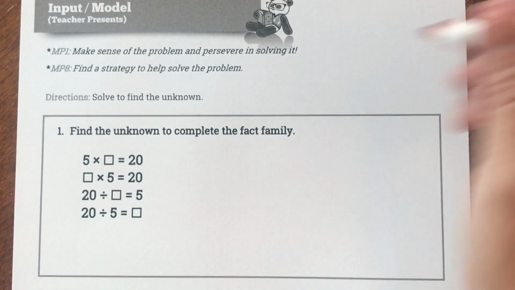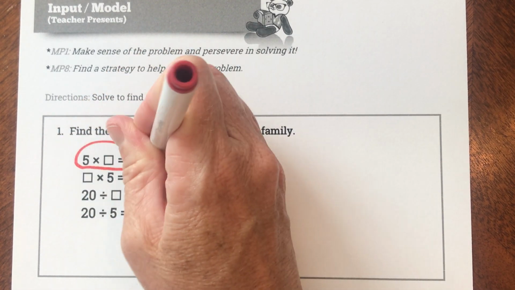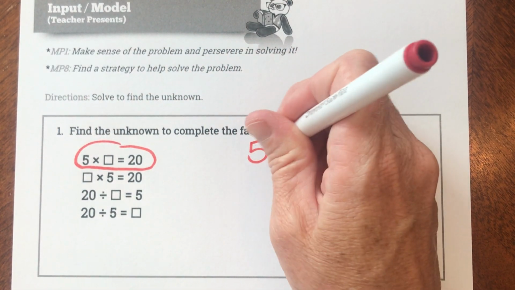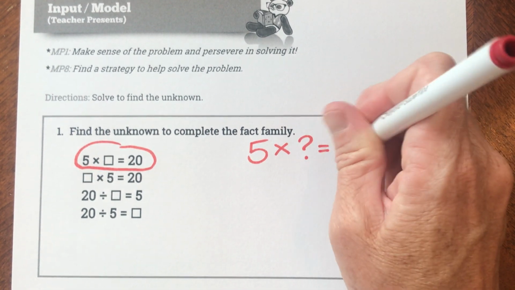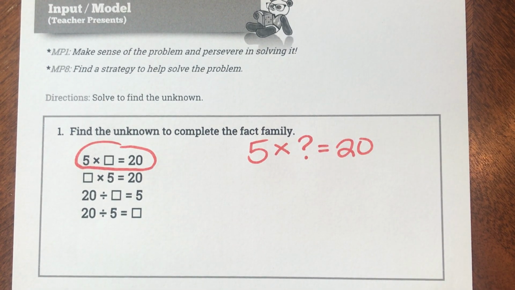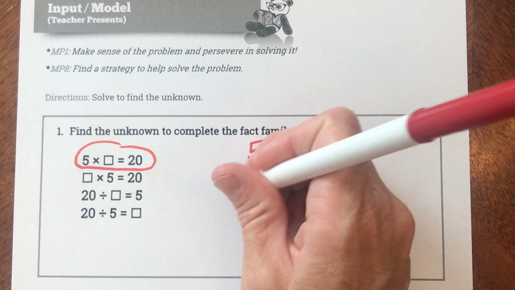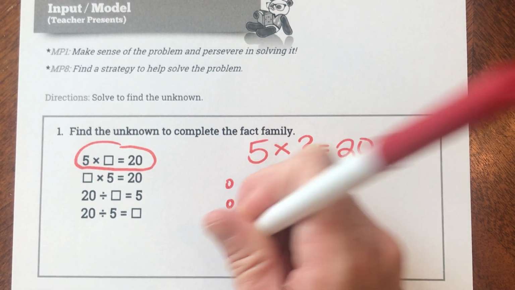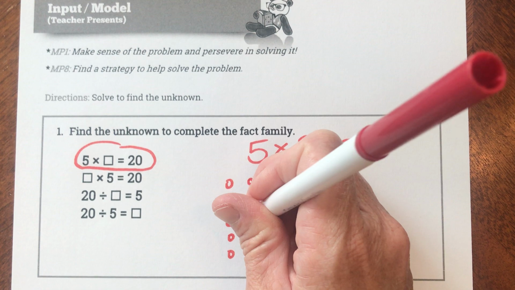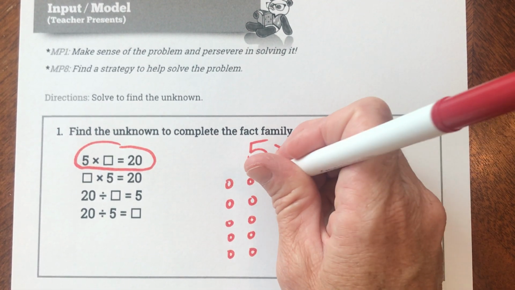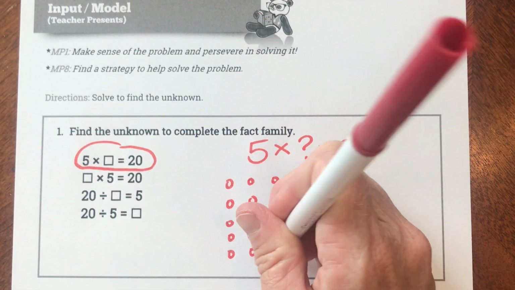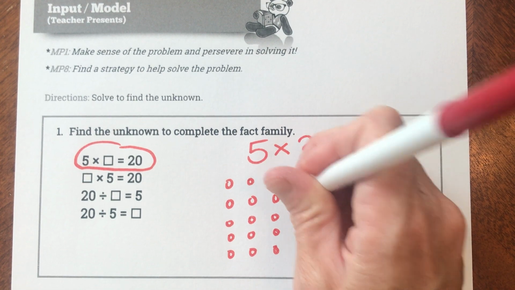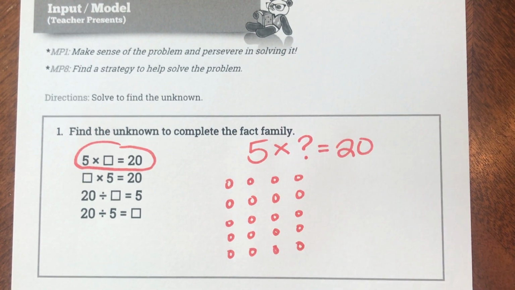Okay, so I'm going to use this one to get started, and I'm going to say 5 times what equals 20. Well, if I knew my multiplication facts, I would already know the answer. If I don't know my multiplication facts very well, I need to do an array. So I can say 1, 2, 3, up to 20.